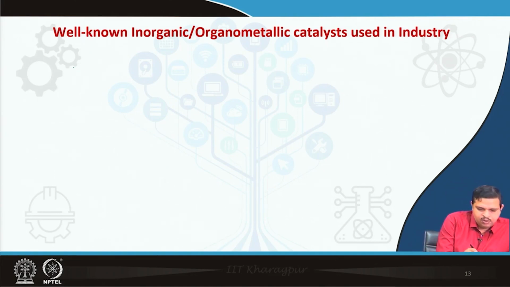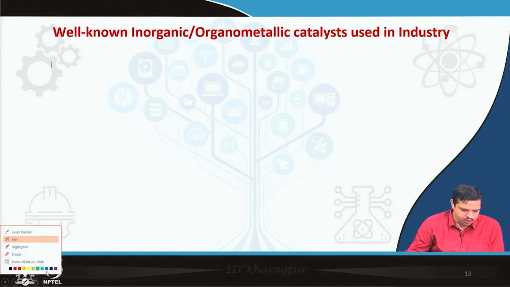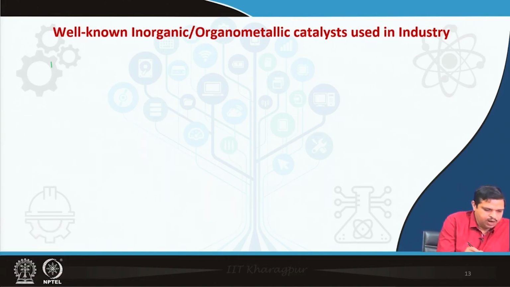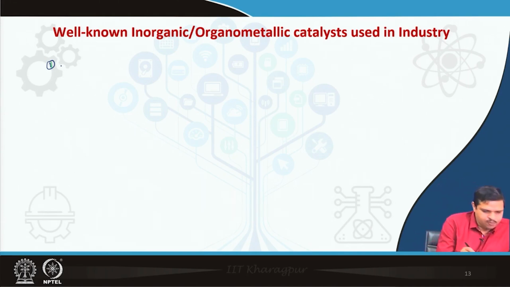As an example, I am sure you know that cobalt carbonyl complex is used in the hydroformylation reaction. I will also tell the specific industry which patented or discovered it first.